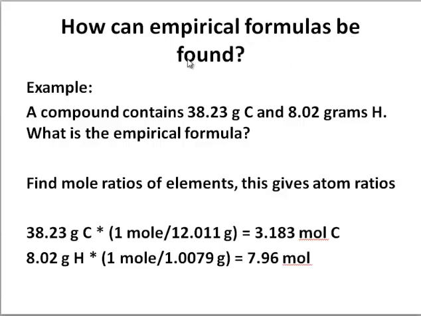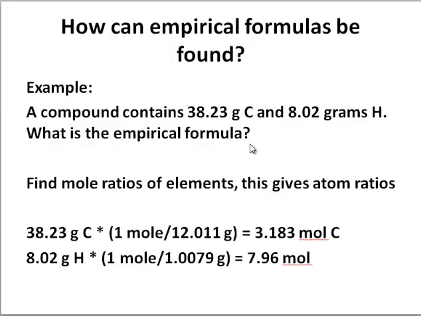Empirical formulas can be found using stoichiometry. To see how, let's consider an example. A compound contains 38.23 grams of C and 8.02 grams of hydrogen. What is the empirical formula?